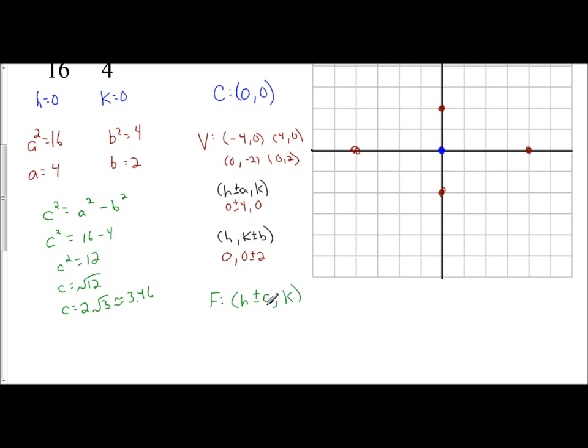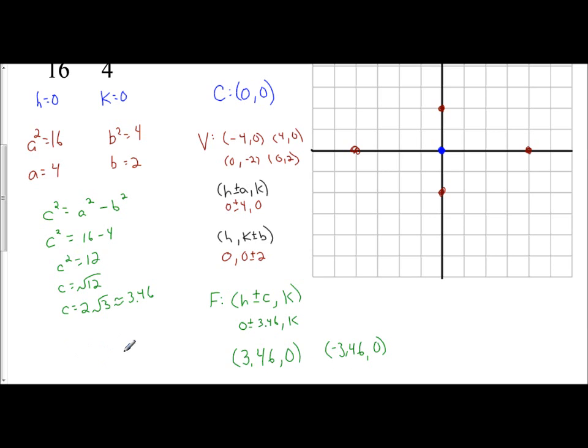So the formula for the focus is h plus or minus c comma k. So I would do 0 plus or minus your 3.46 comma k. So that would be the coordinates 3.46 comma 0, because your k is 0, and negative 3.46 comma 0.